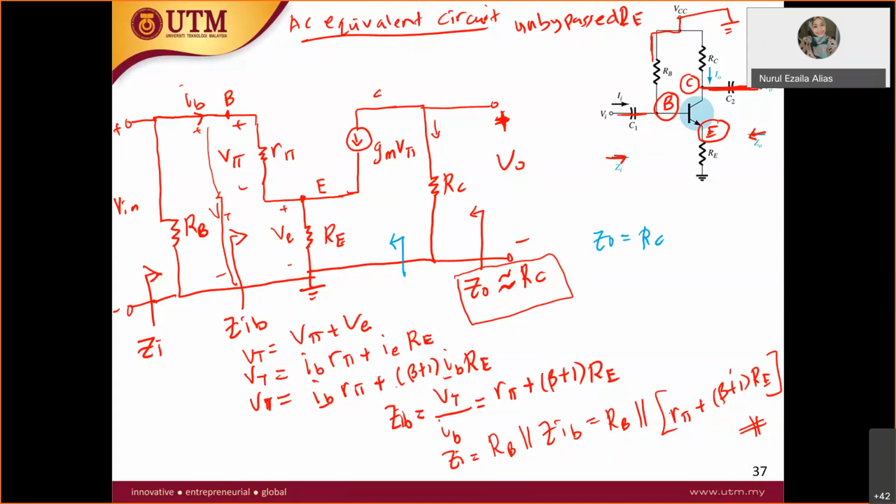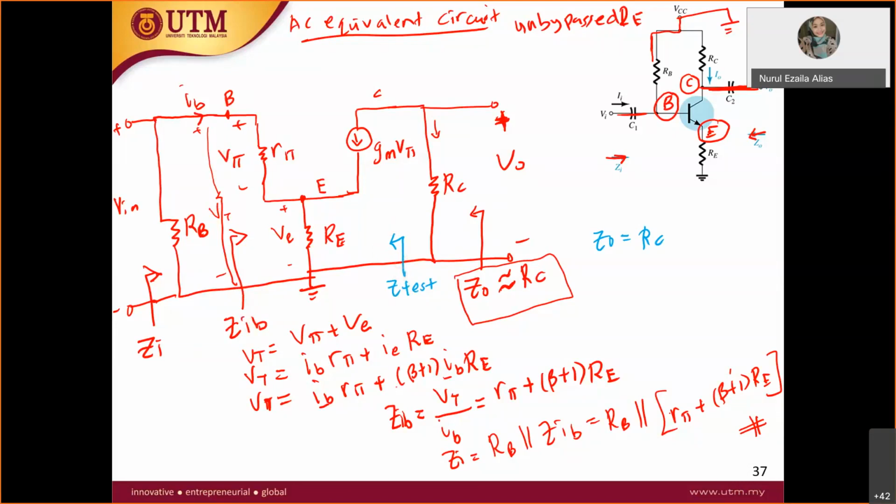There is the output resistance, output impedance here, which we call the Z test. Actually, there is an impedance at this side, we call it Z test. Same goes to this one, there is a total impedance at this node, we call it Z IB. Same goes to the output at the collector, we call it Z test.